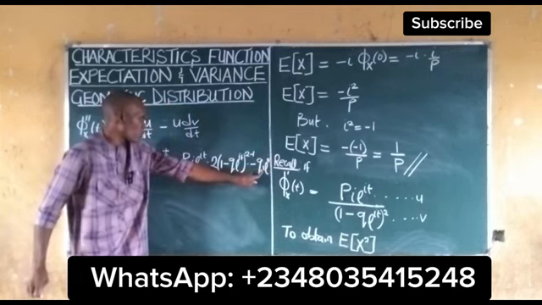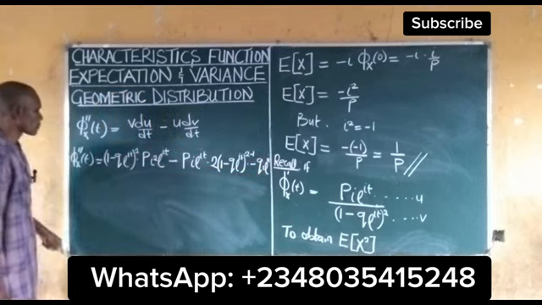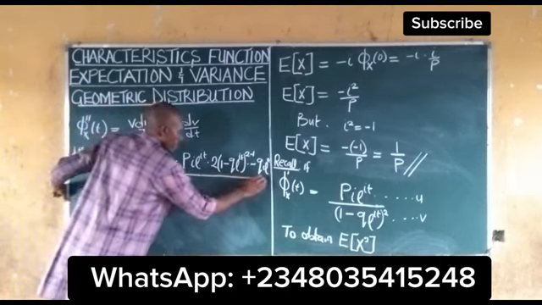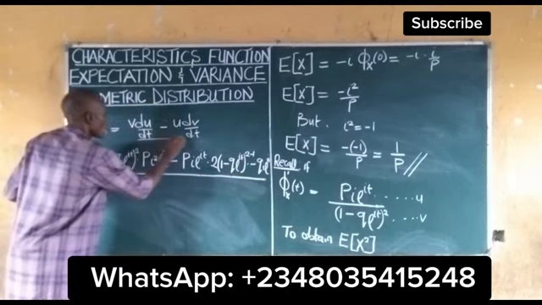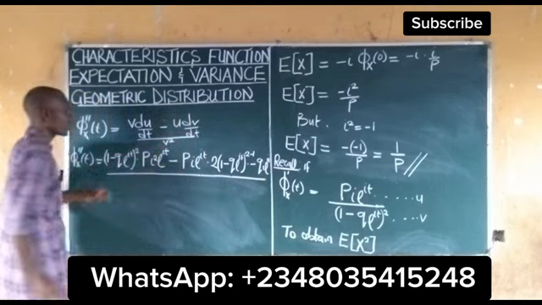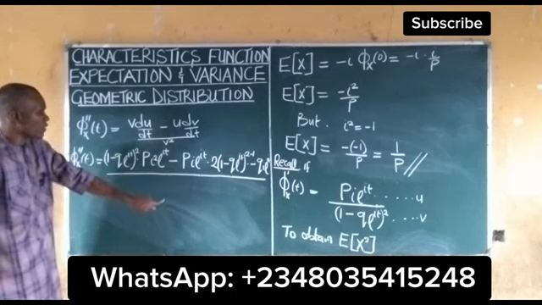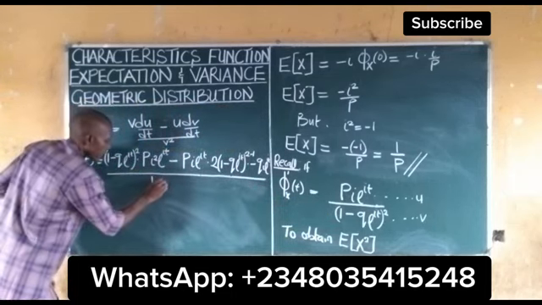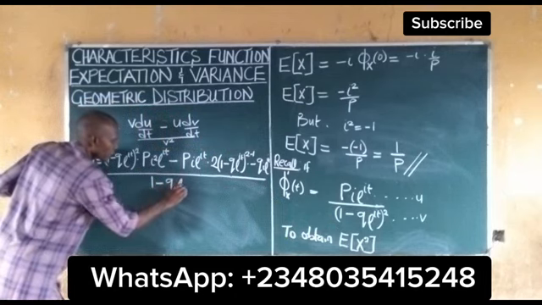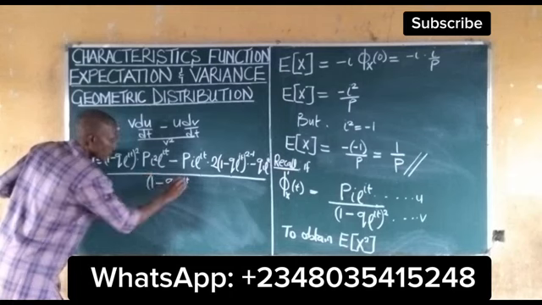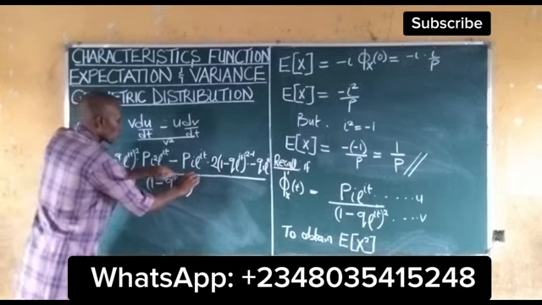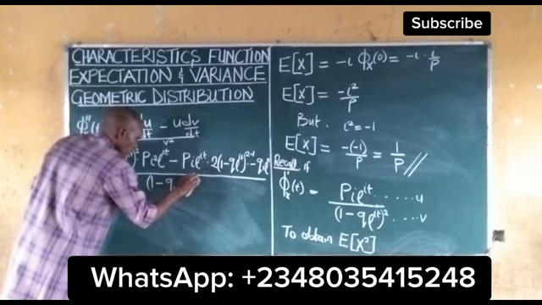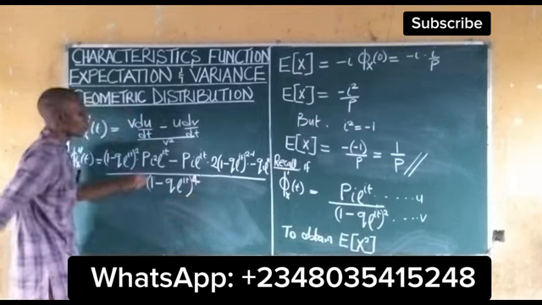So the characteristic function will come down again, all over v squared. Sorry, so we put our v squared. What is our v? This is v. So we write it as 1 minus q exponential i t. This time we have 2 here. It becomes 4 because of this square.